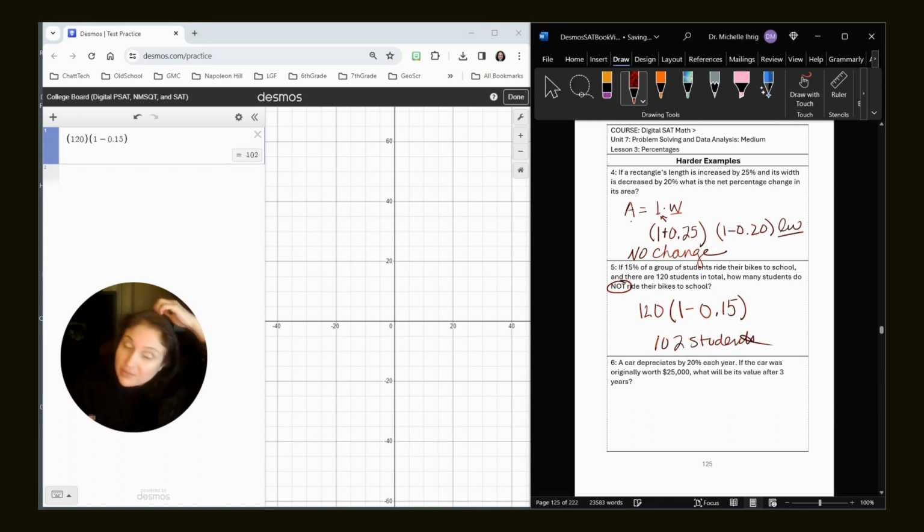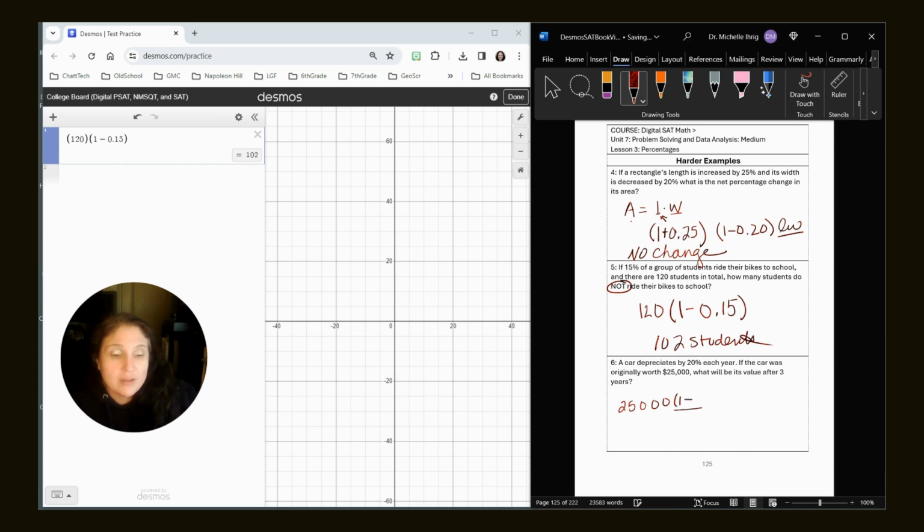Okay, now this next one you can do as an exponential function, but we're going to do it in terms of percentages. So we're starting off with 25,000. A car depreciates by 20% each year. If the car was originally worth $25,000, what would be its value after 3 years? So year 0, it's 25,000. Then it depreciates.